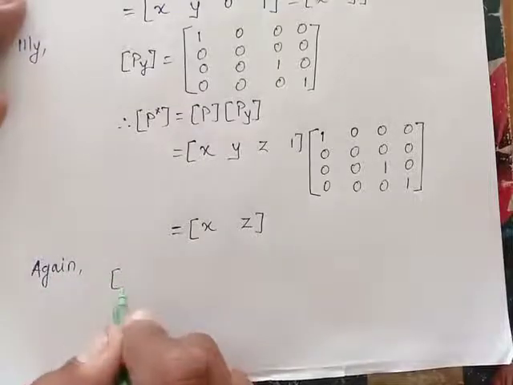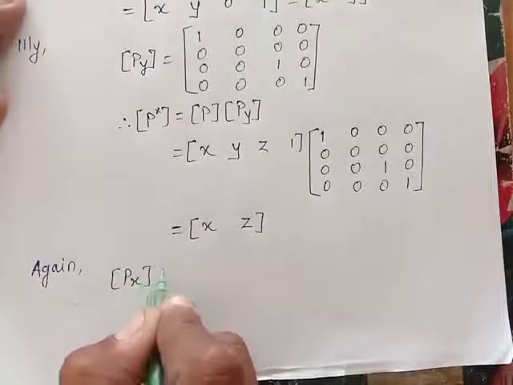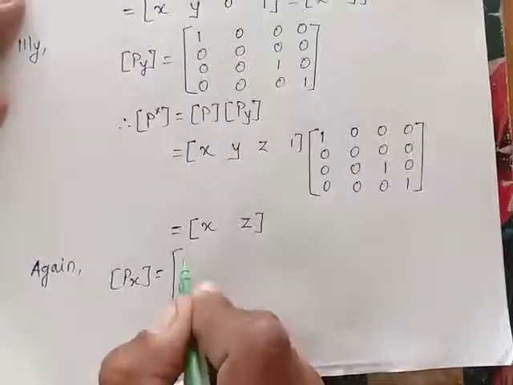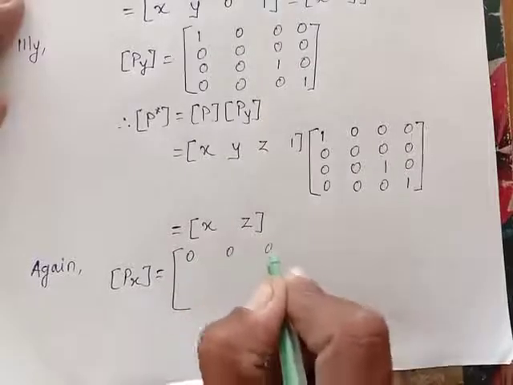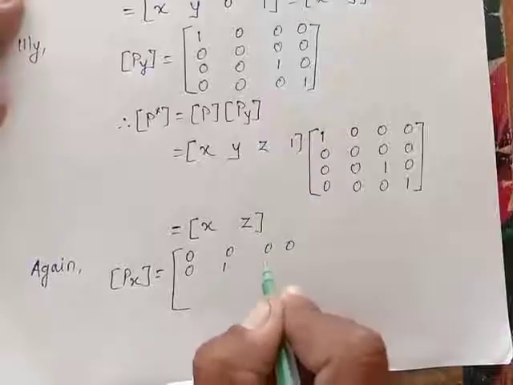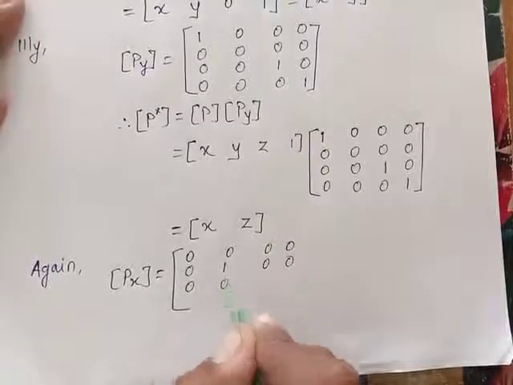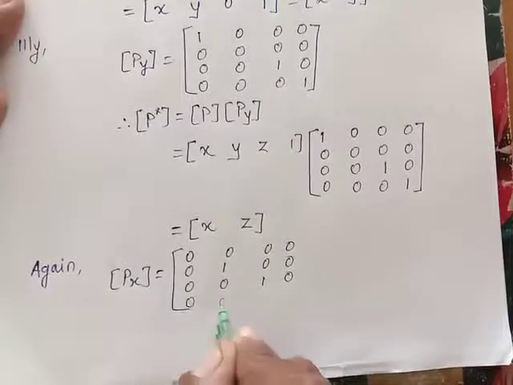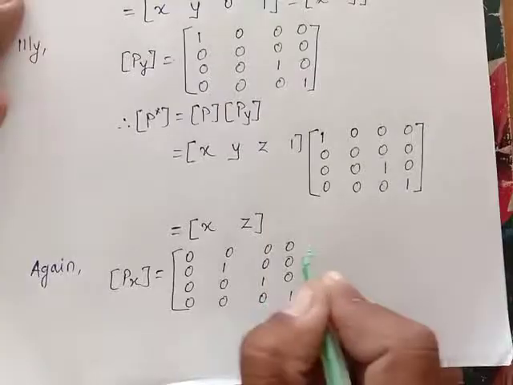Again, what about Px? Px is the matrix: 0 0 0 0, 0 1 0 0, 0 0 1 0, 0 0 0 1.